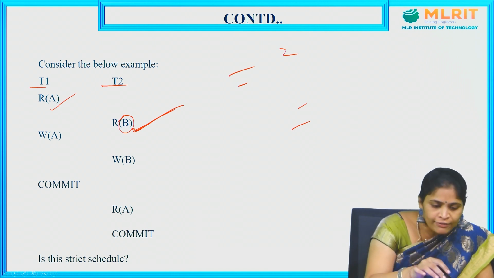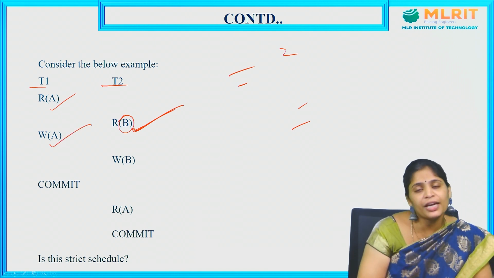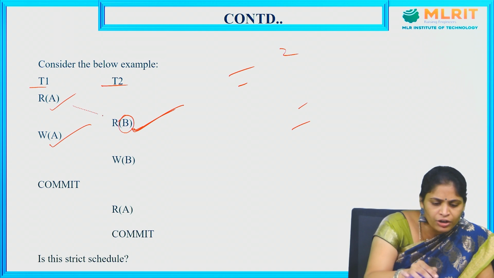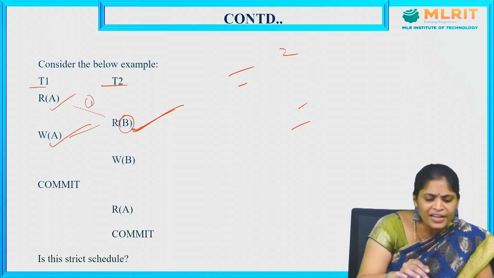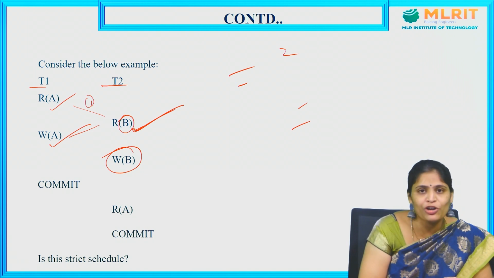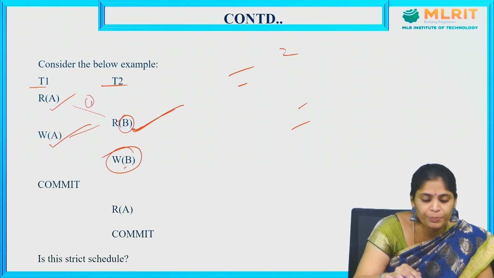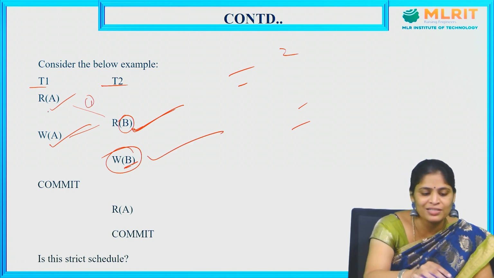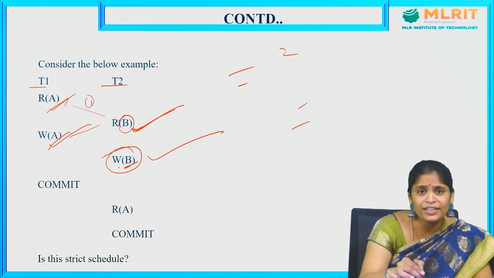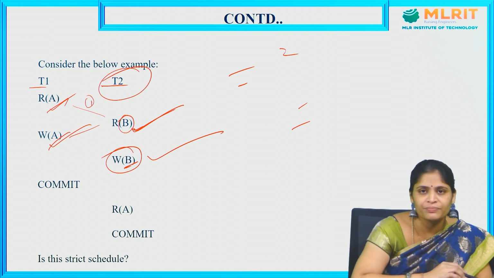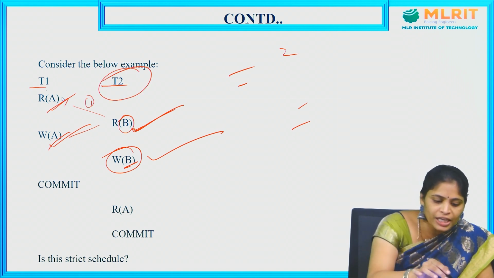Now here I am updating the data in transaction T1. This is the first step. Next, W of B, I am updating the data value B. Yes, it will also accept. Why? Because here I am not touching the data item A in this transaction. Later on, T1 has been committed.